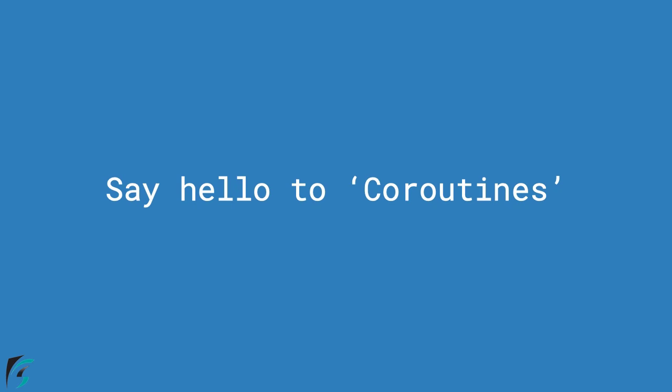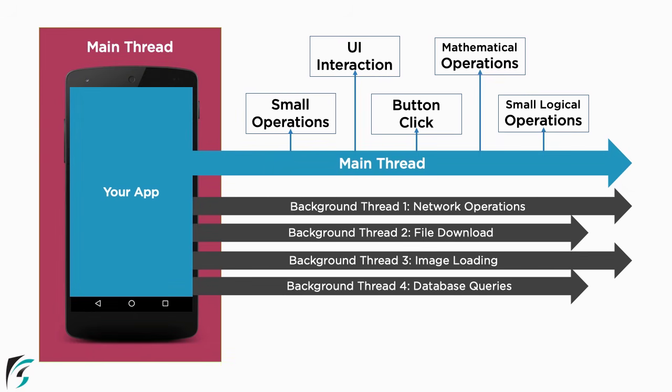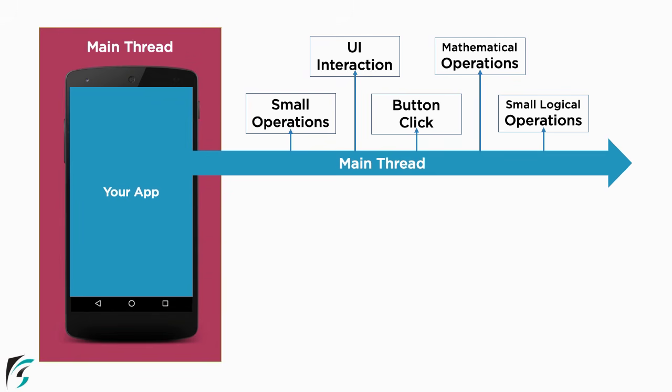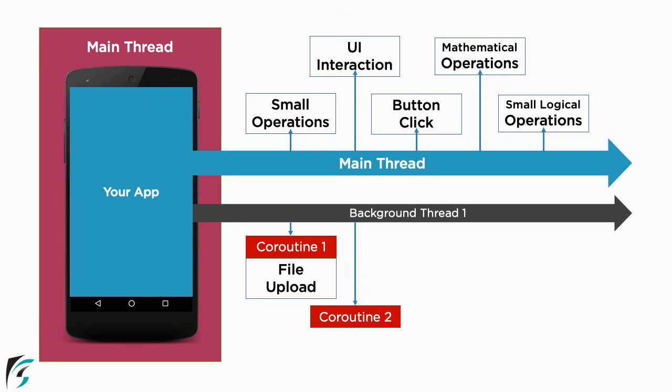Well, here come coroutines into the picture and to the rescue. So, when you use coroutines, then you don't have to create so many threads for each operation. Instead, you can just have one background thread, and on this background thread, you can launch coroutines, such as launch a coroutine to perform file upload operation, launch another coroutine on the same background thread to perform some network operations.